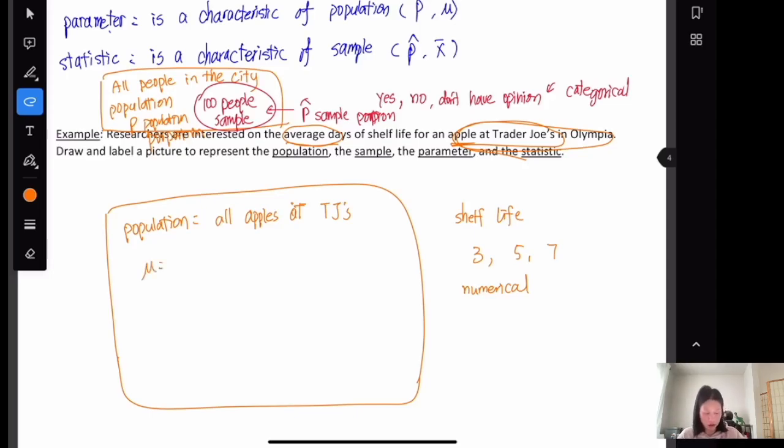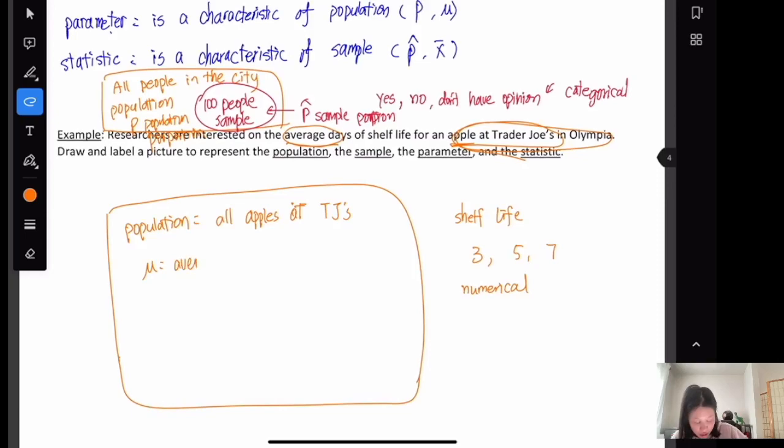So mu is going to be the average days of shelf life for all apples at Trader Joe's in Olympia.